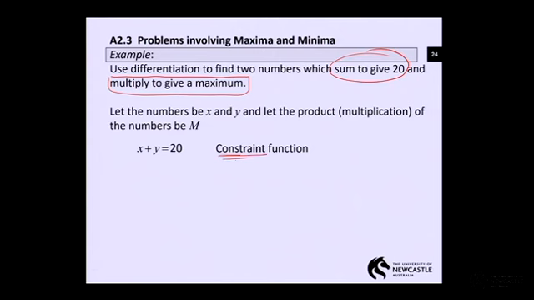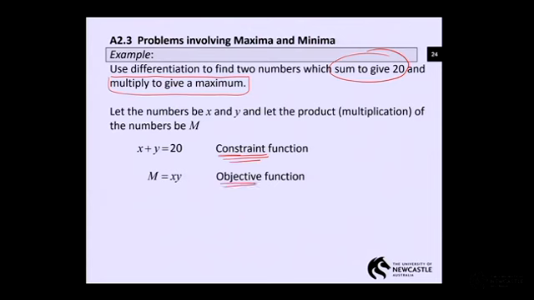Constraint function means it's from the clues, and it's the clue that is constraining me. It's restricting me to any 2 numbers, but they must add up to 20. And then my objective is that I'm supposed to try and get a maximum product. So they've just introduced the letter capital M. It's going to be the product of the 2 numbers. So this is my objective function.